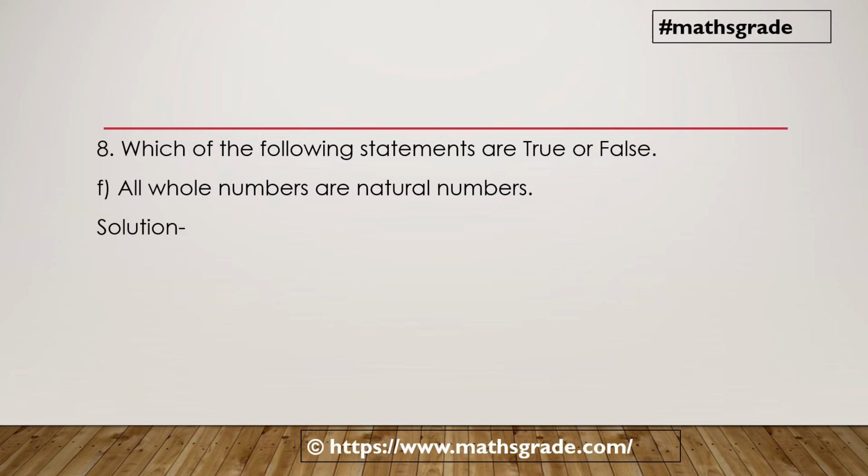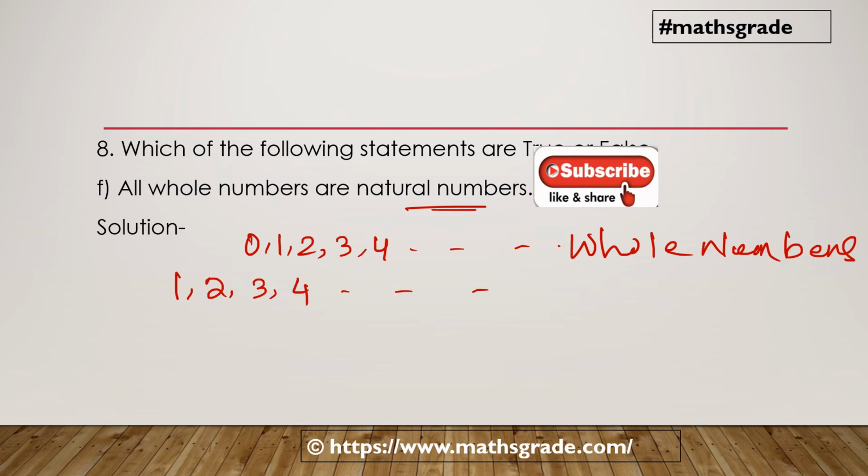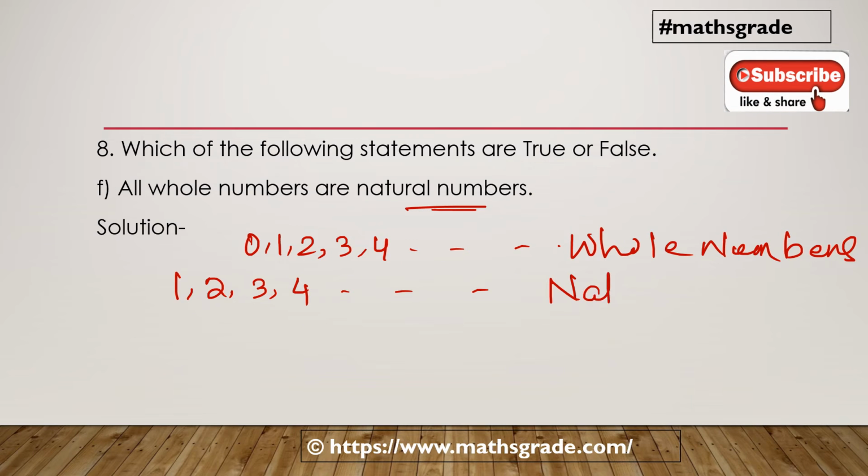Now F bit. All whole numbers are natural numbers. We know whole numbers start with 0. 0, 1, 2, 3, 4. These are whole numbers. And natural numbers are counting numbers which start with 1, 2, 3, 4 like this. These are natural numbers.